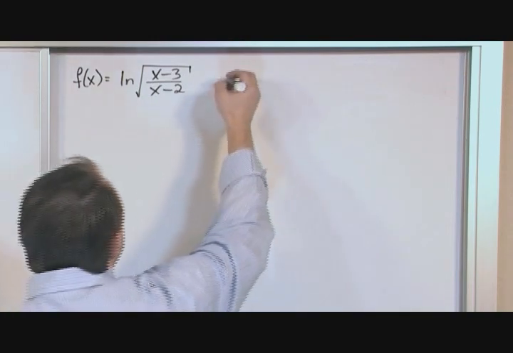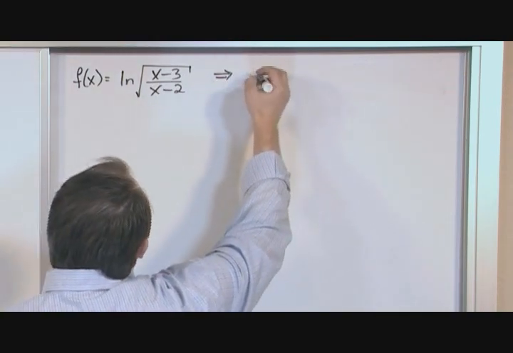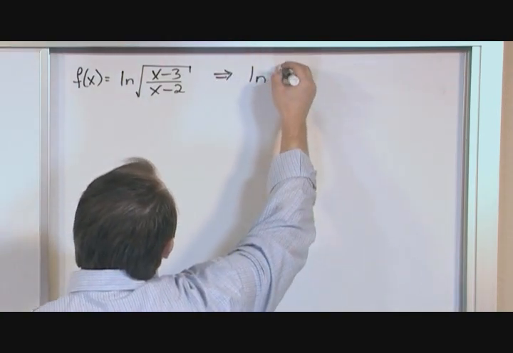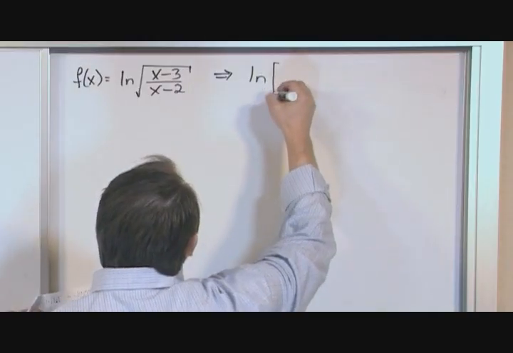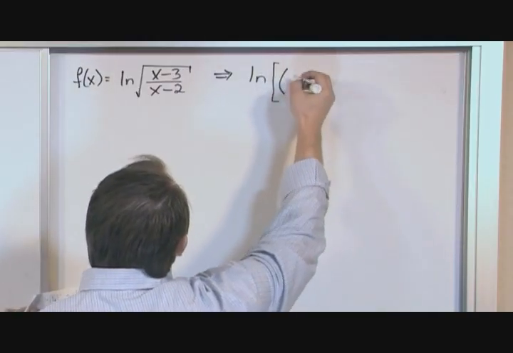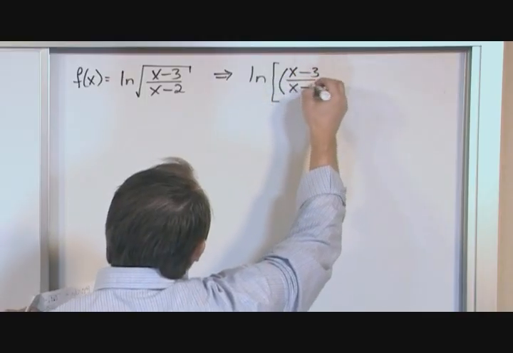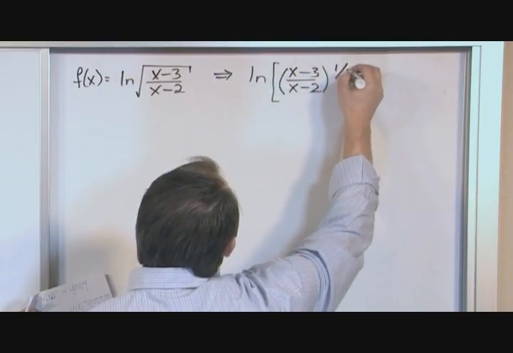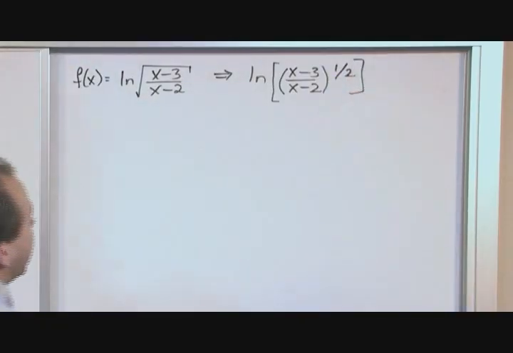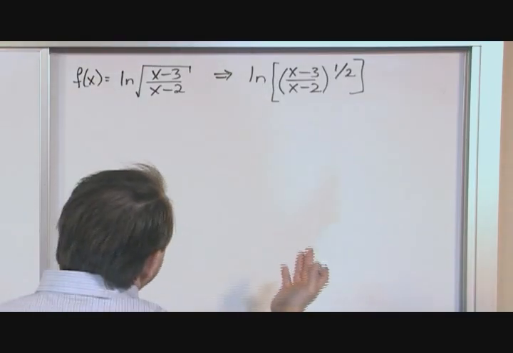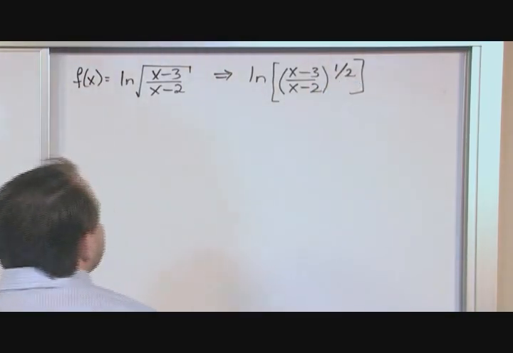The first thing I always recommend is for people to write this in terms of an exponential. So instead of with a radical here, x minus 3 over x minus 2, let's write it to the 1/2. Right? So we've been doing that consistently throughout the entire course, so it shouldn't really surprise you. I just like doing that because you'll see later, ultimately, we're going to use this 1/2 all the time as we take the derivative.